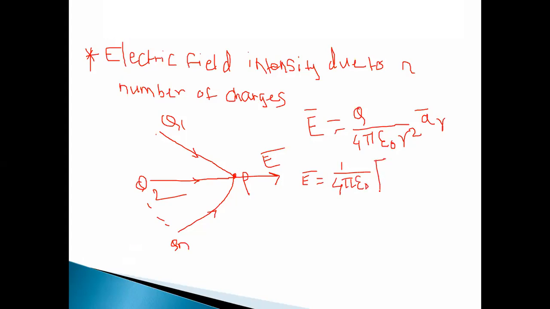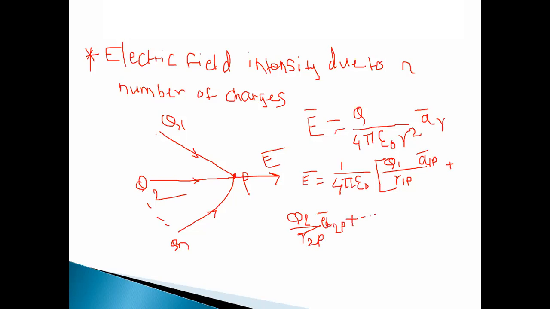And in bracket, we can write Q1 divided by R1P square, going from Q1 to point P, into unit vector a bar 1P, plus similarly for charge Q2, plus Q2 divided by R2P square into unit vector a bar 2P, plus up to so on.